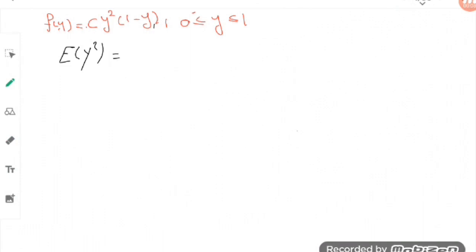We will consider y squared as a function of the random variable, as if it is g of y. So the expected value of g of y is the integration from negative infinity to infinity of this function, which is g of y, here represented by y to the power 2, times the PDF.